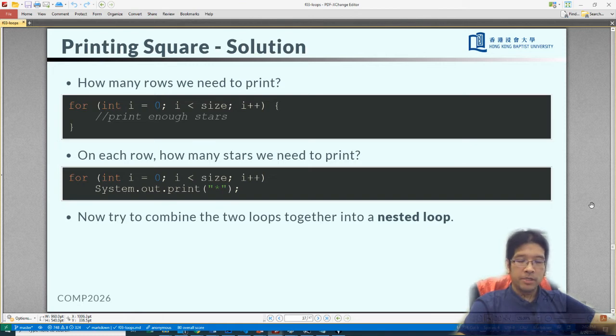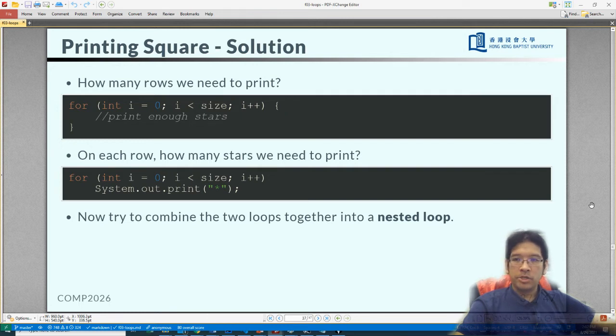The second question is how many stars we need to print on each row. Well, again, that will be size. So what we're going to do is put size rows with size stars each.